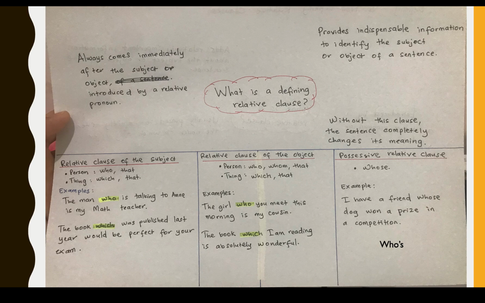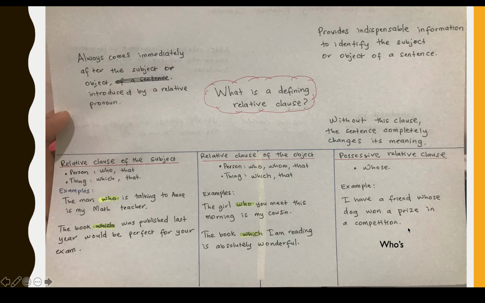Here you are describing this friend, and the dog belongs to the friend, so we use the possessive relative pronoun whose. I have a friend whose dog won a prize in a competition. Both can be acceptable.